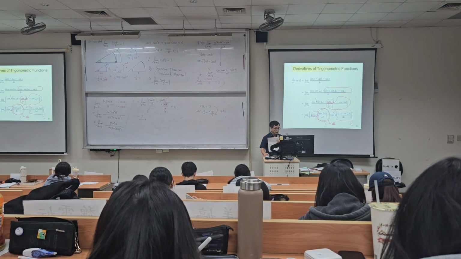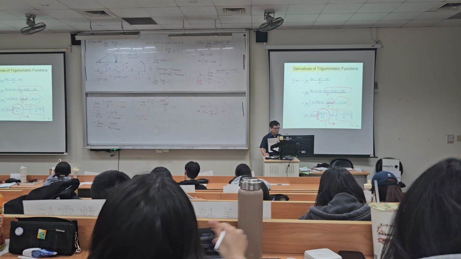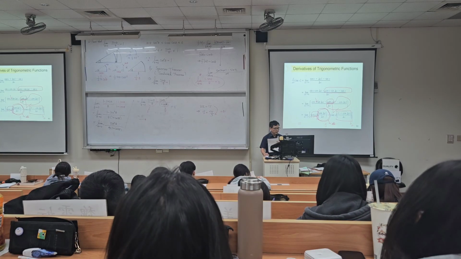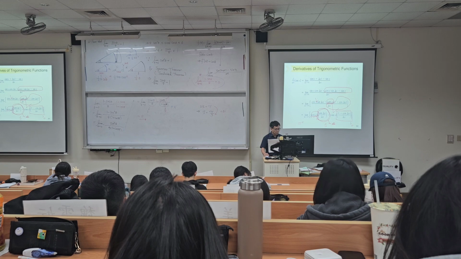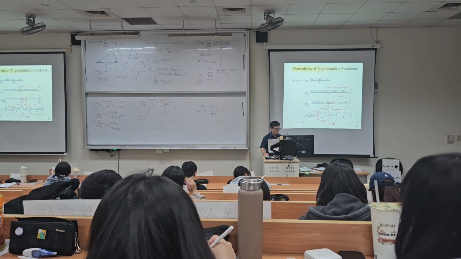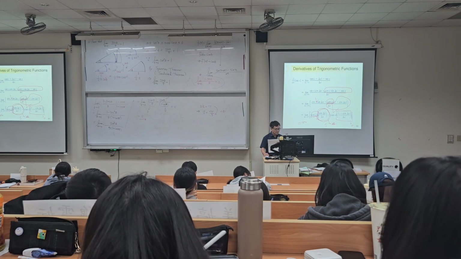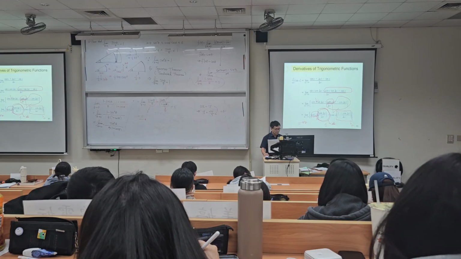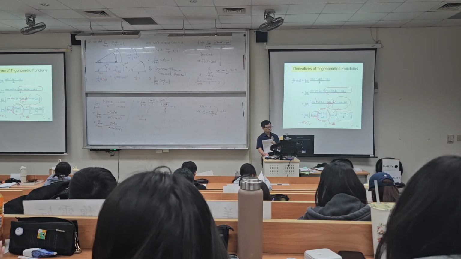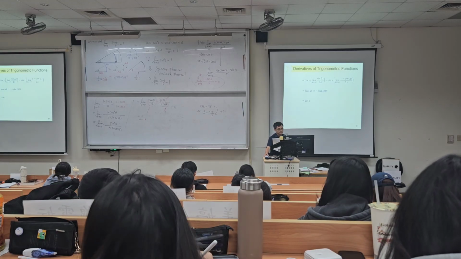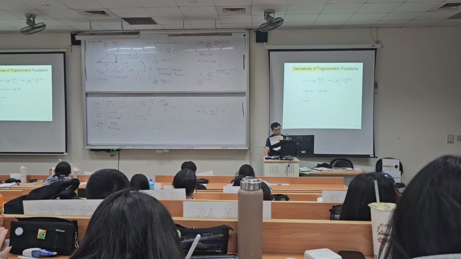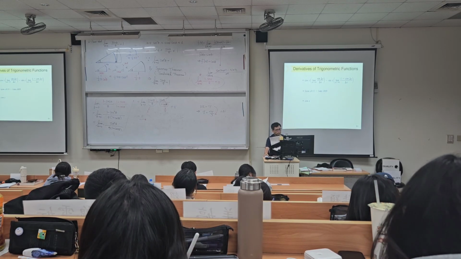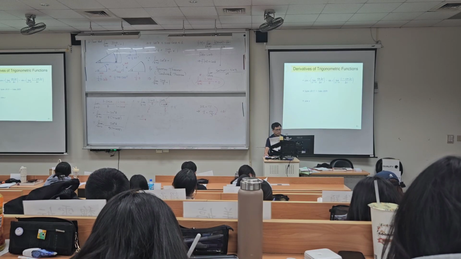So the whole thing will be equal to cosine x here. Sorry, it's too difficult to write using the mouse. Cosine x. Okay. So this part is going to 1, this part is going to approach 0. So we have cosine x.